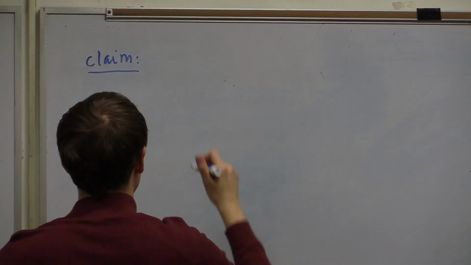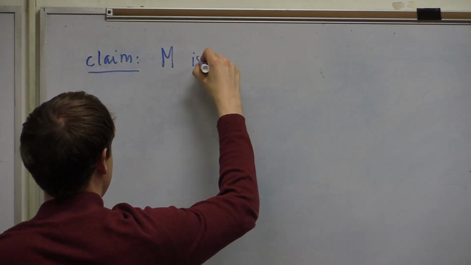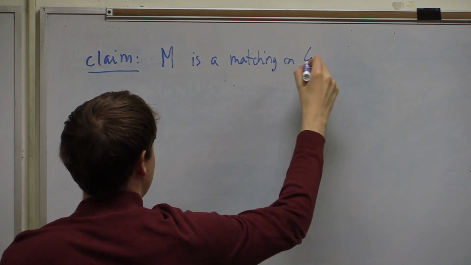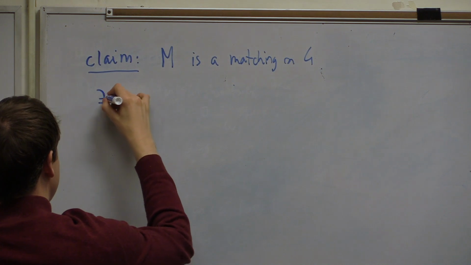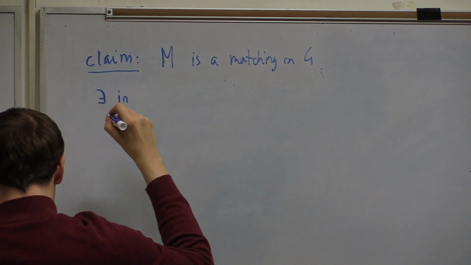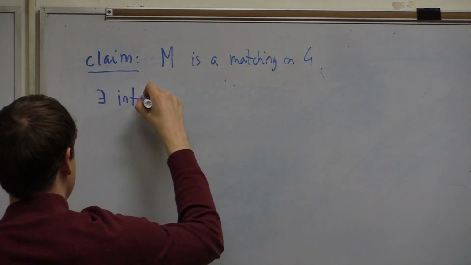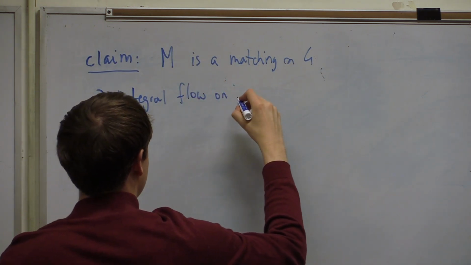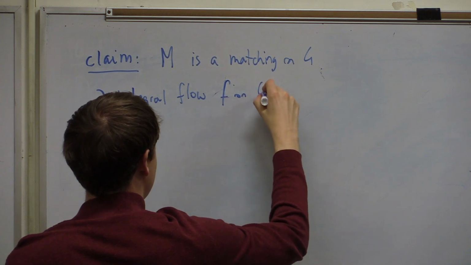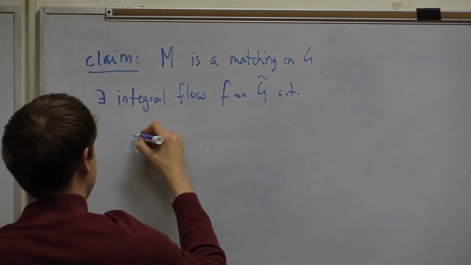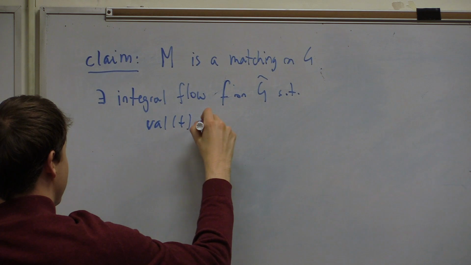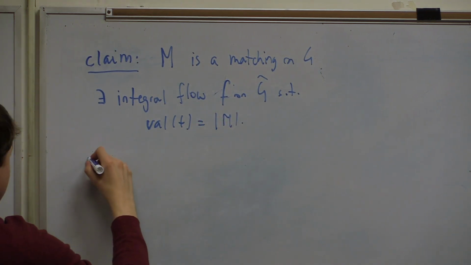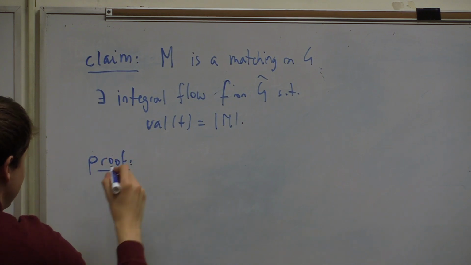The first claim says, suppose that M is a matching on G, then we want to show that there exists an integral flow f on G tilde such that the value of f is the cardinality of the matching. So this proof is pretty simple, right?